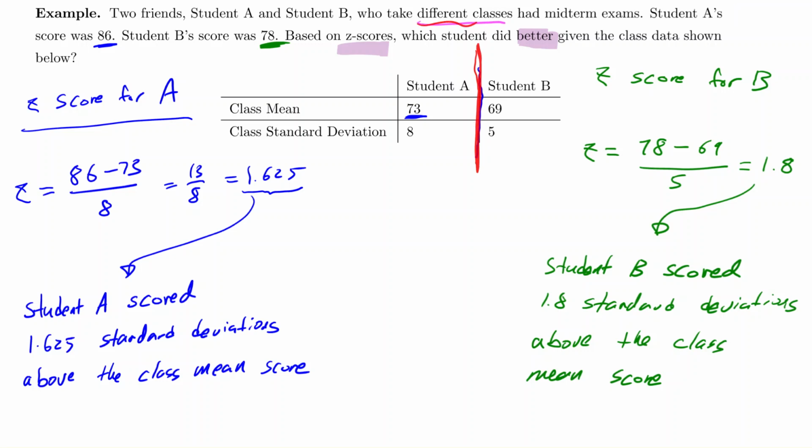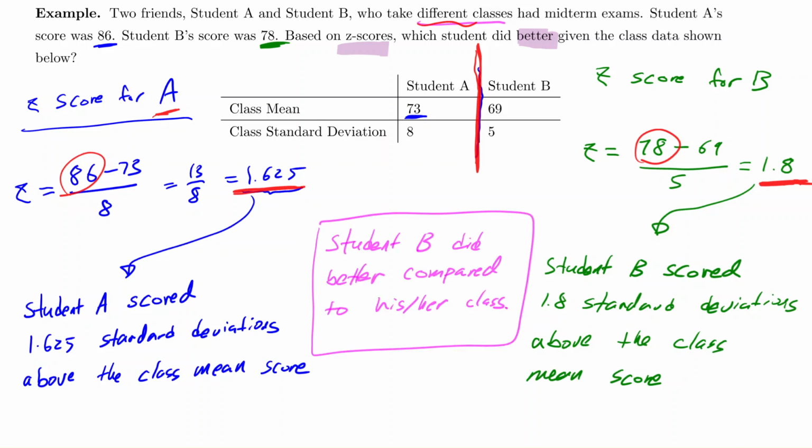Because student B's score of 78 has a z-score of 1.8, it is higher than the z-score of 1.625 that student A's score of 86 has. So this means student B scored higher relative to their class compared to student A. Let me write that summary.